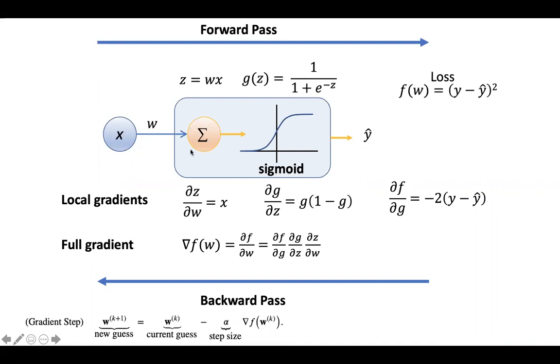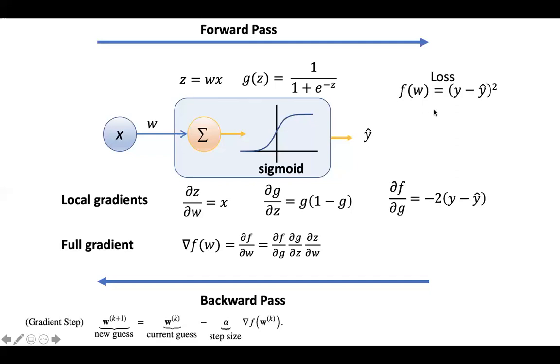In this simple example, we have one feature X and one weight W. We compute the weighted sum Z, pass this to the sigmoid function that squashes our input into the range of 0 and 1. And that's going to be our prediction Y hat. In this case, Y hat is the same as J.